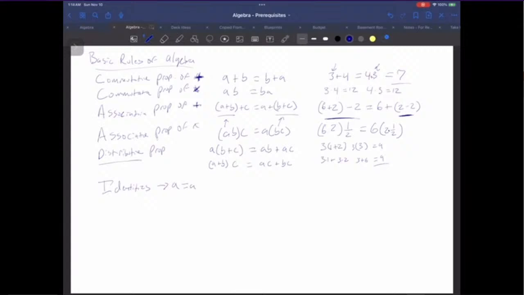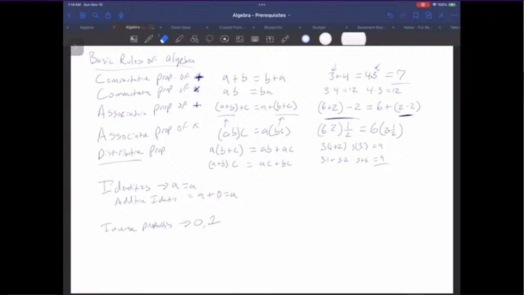And then you have the inverse properties, and those are always going to end up with a 0 or a 1, depending on whether you're doing addition or multiplication. So for the additive identity, A plus 0 is equal to A.